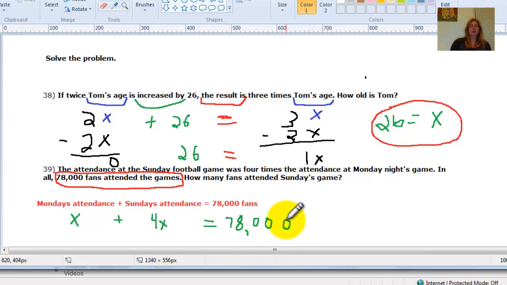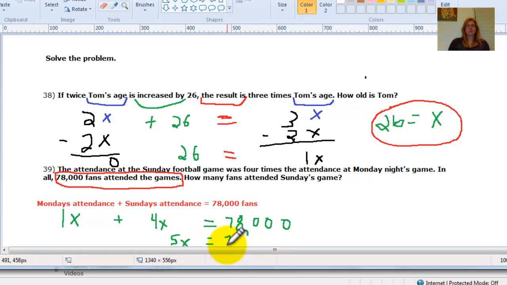So let's combine our like terms. Anytime you have an x, you can say it's 1x, because 1 times x is x. So there you go. 1x plus 4x is 5x. You simply add those numbers in front of the variable. 5x equals 78,000.